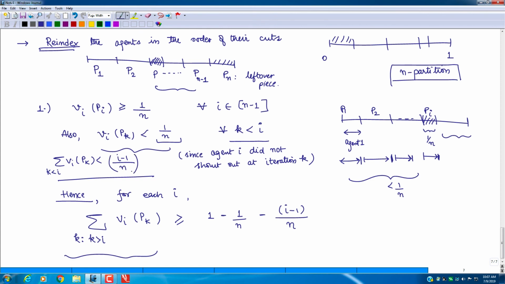So what is remaining is at least this much. This is removed at the ith step because of piece Pi. This is removed for the earlier ones, and this must be his total value remaining for the subsequent cuts. It must be at least this much.